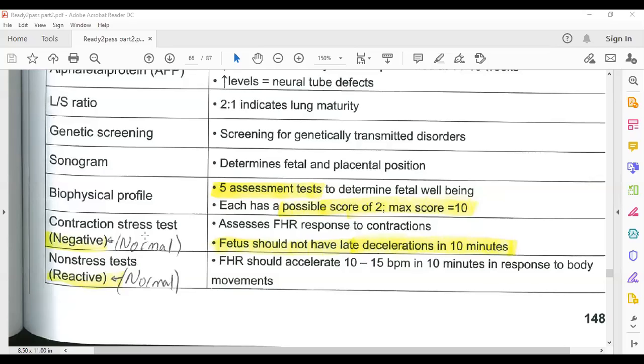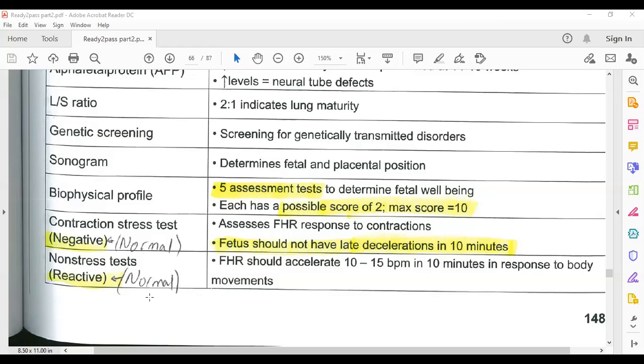The next test here is called the non-stress test. What is it, what are the indications of this test, and what is the interpretation of the non-stress test? So the non-stress test is basically a non-invasive test that measures the fetal heart rate in response to fetal movement.